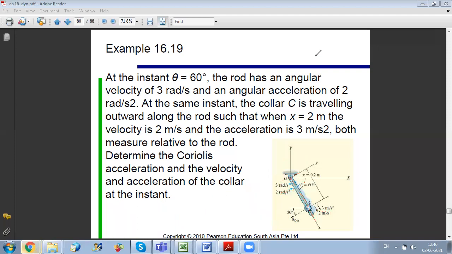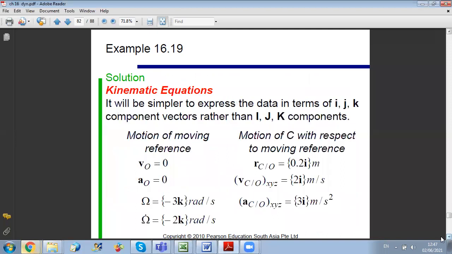Now, once we do this step, we can do the vectorial calculation. Let us see in detail here. First, we express all vectors. O is fixed, so the velocity of O is 0, and the acceleration of O is 0. Concerning omega and alpha, they are given.